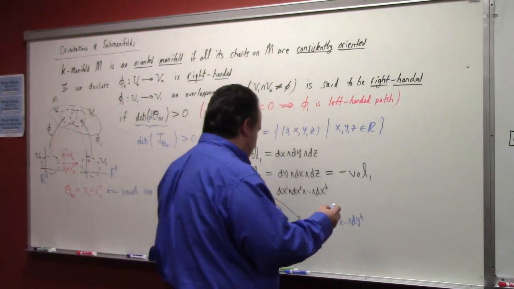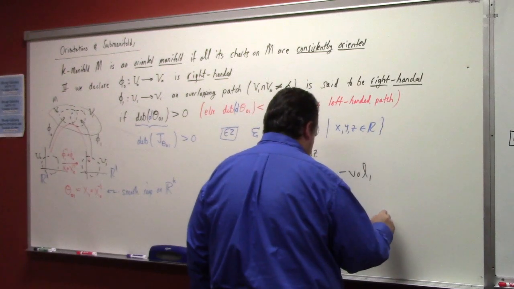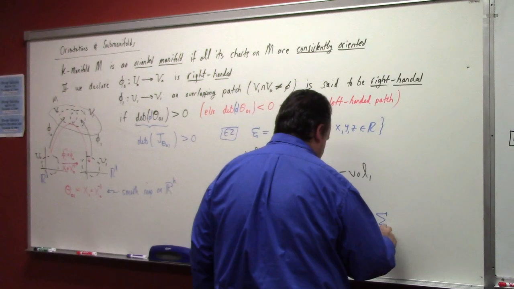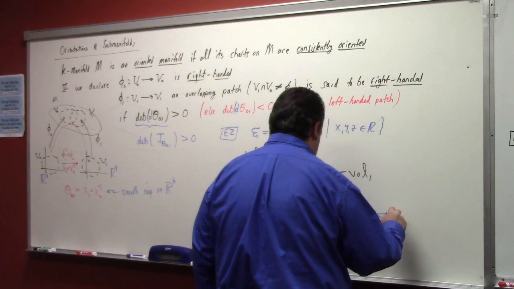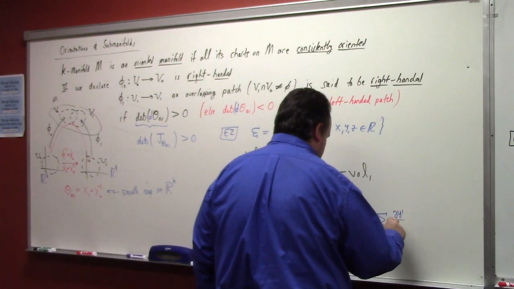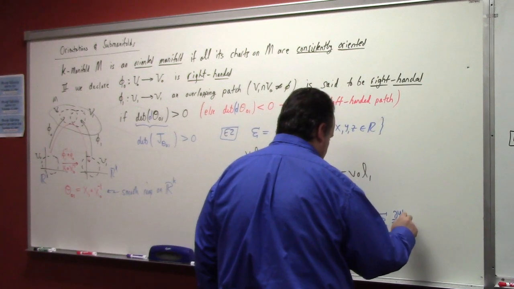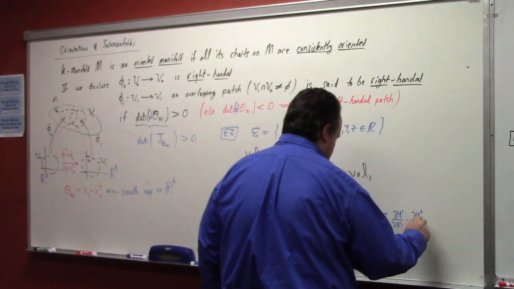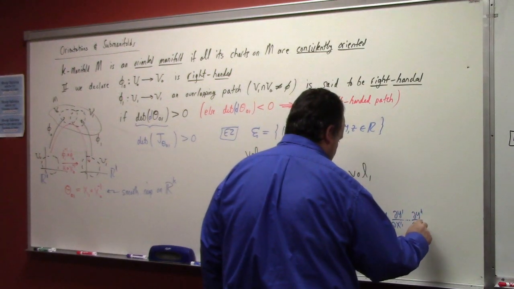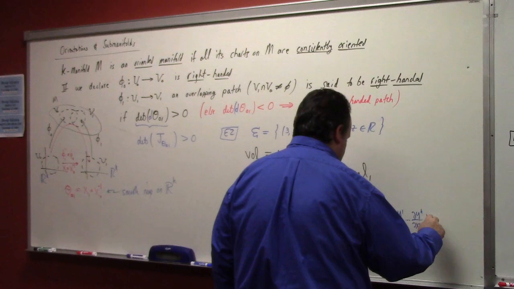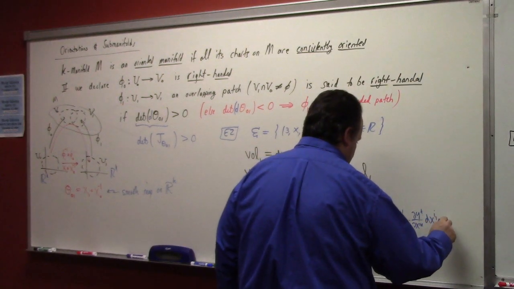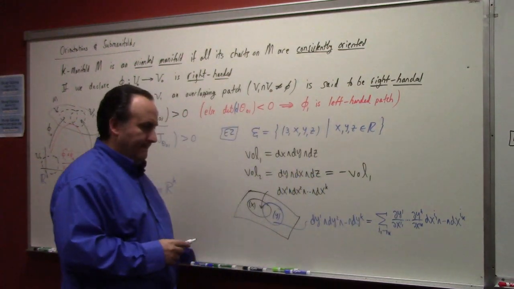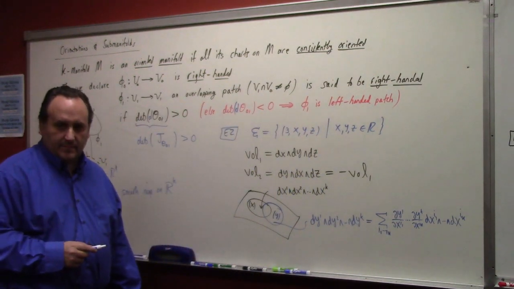This is the sum over i_1 through i_k of partial y^1 over partial x^{i_1} through partial y^k over partial x^{i_k}, and then you've got yourself a dx^{i_1} wedge ... wedge dx^{i_k}.